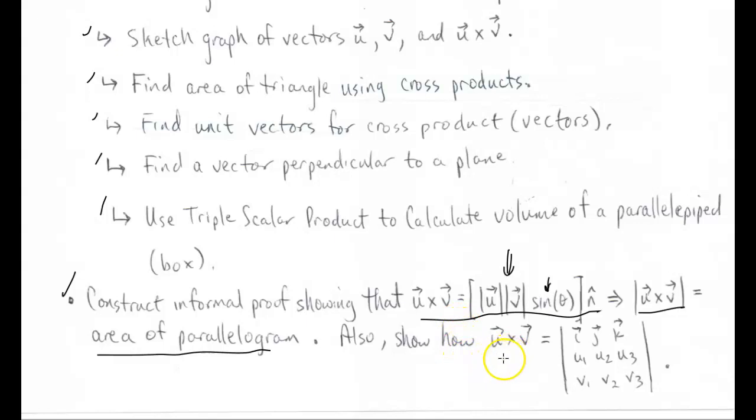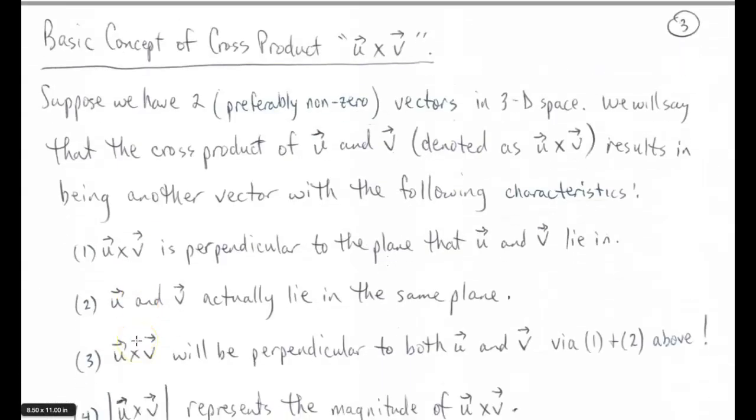I'm also going to do a short proof showing how we can use determinants to do the cross product as well. Because in my opinion, it's important for you to know where that stuff comes from, so that you have some sort of intuition of using the particular operation and knowing what its motivation is when you use it.